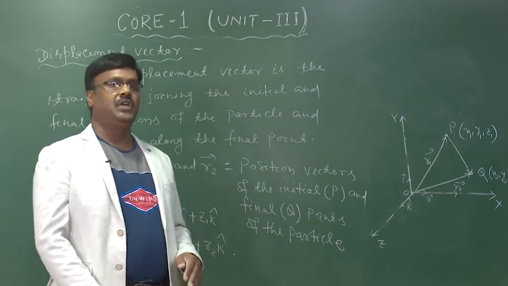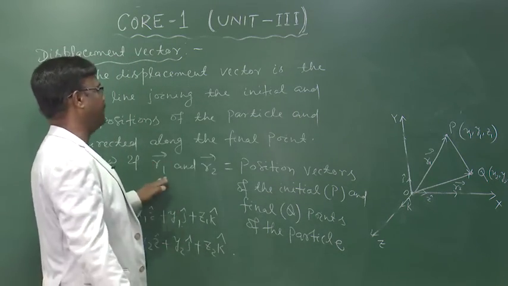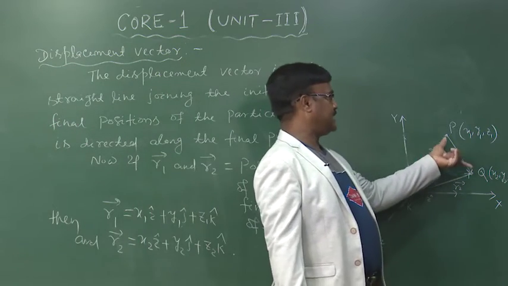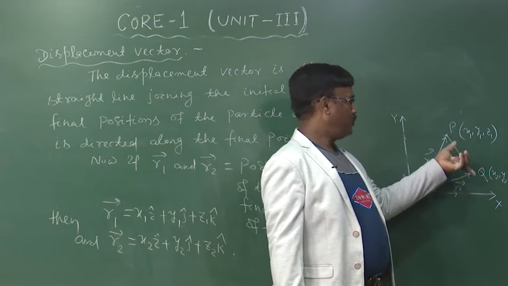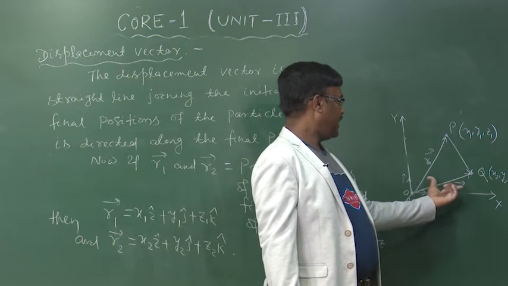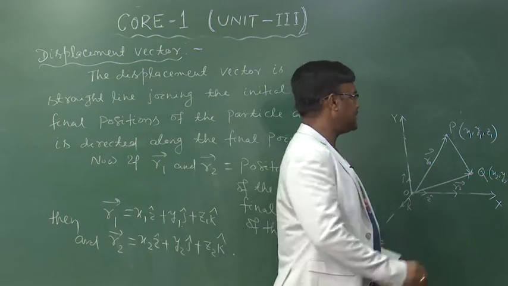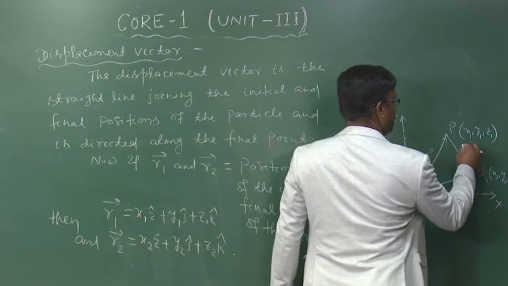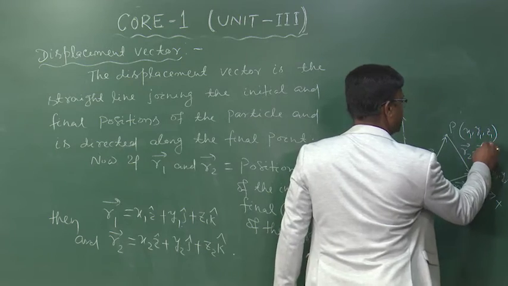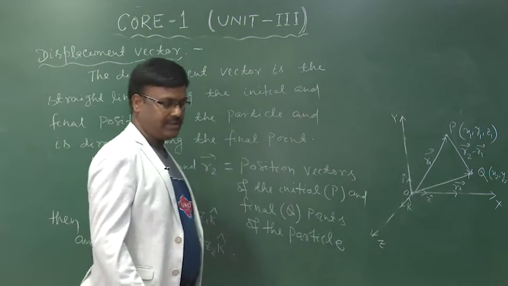Now the displacement vector of the particle is the PQ vector, which can be represented as r2 vector minus r1 vector.